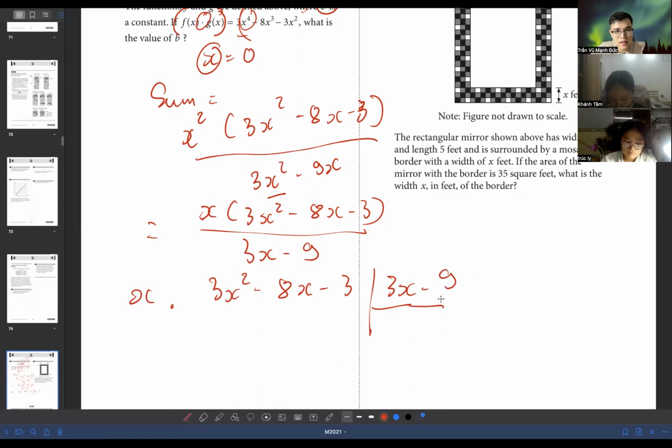This is a bit easier to do because it has fewer x's. This is the key of the solution. You have to divide a function by another function. This is how you're going to do it.